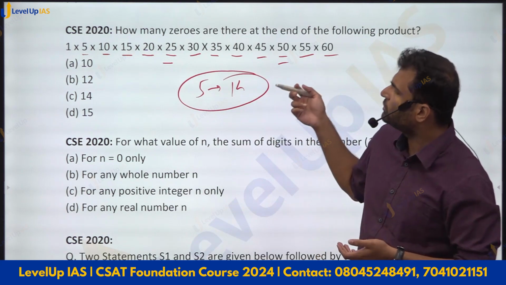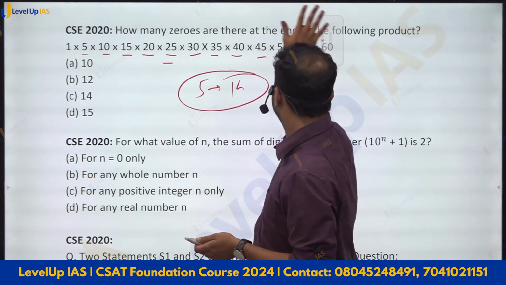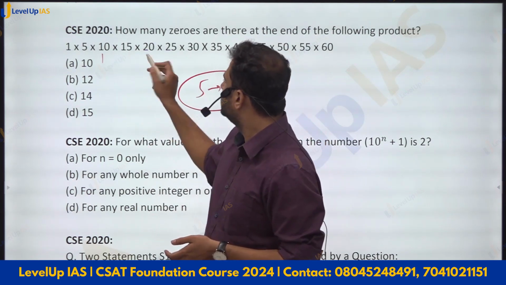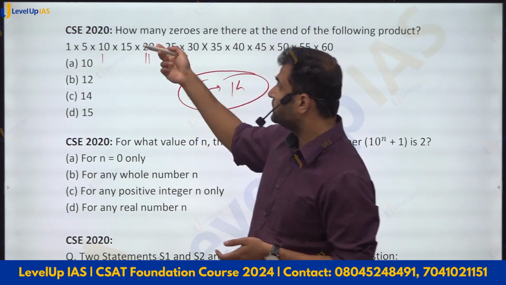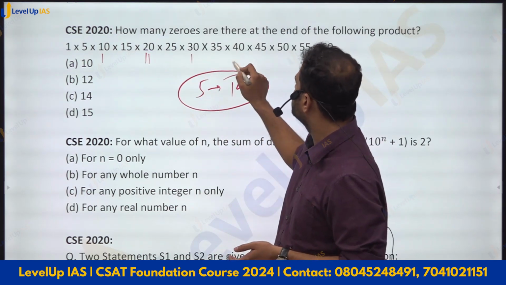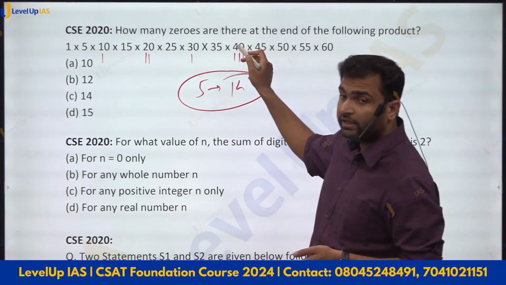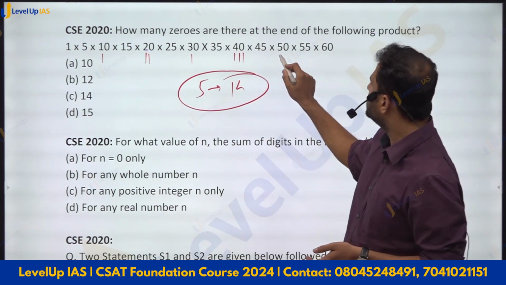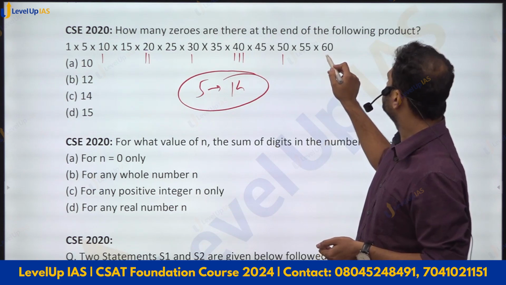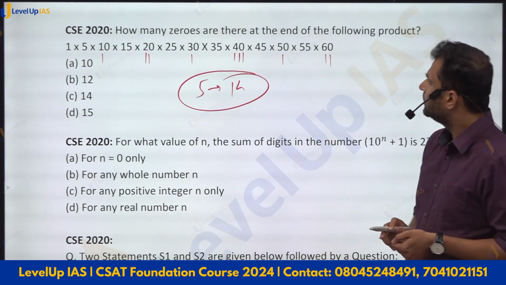So let us see how many times 2 appears. 2 appears once, here it appears twice because there is 4 here. Here it appears once, here it appears thrice because there is 8 here. Here it appears once, here it appears twice.